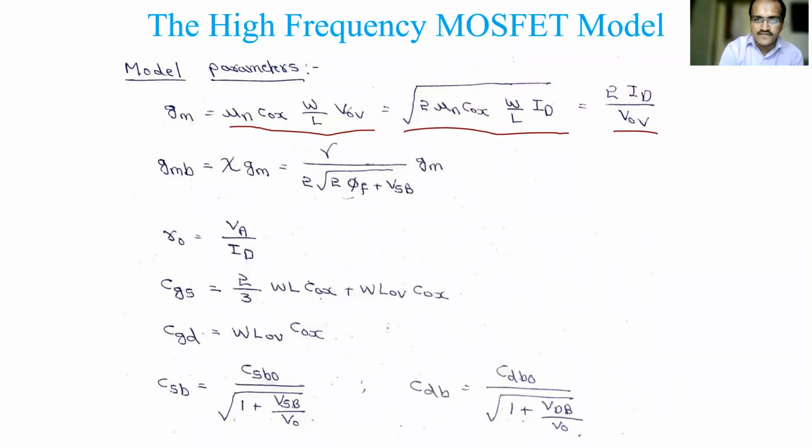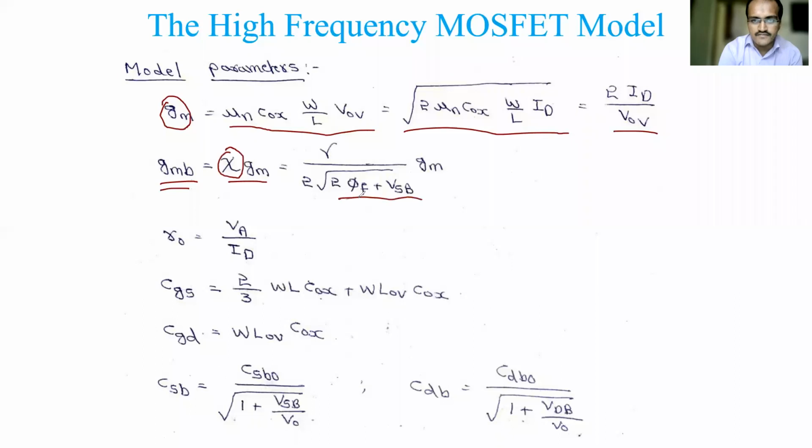So all these 3 different formulas you can use to calculate the transconductance gm. Then gmb, which we used in the first model, is given by chi into gm, where chi is gamma by 2 into the square root of 2 phi f plus VSB. Don't bother about this, we have not studied this. It is a constant, its value times gm, so that's why it is not considered.